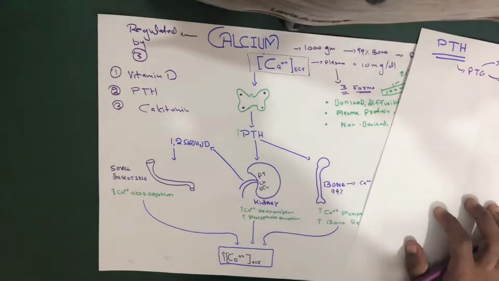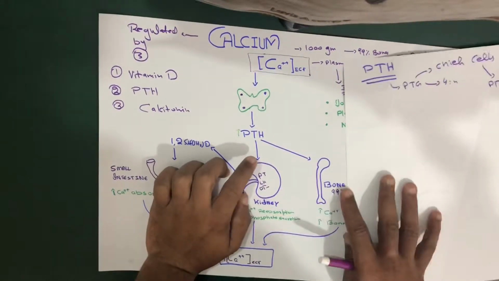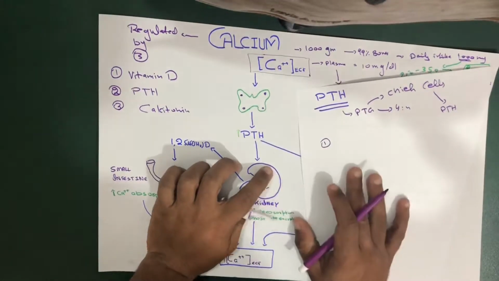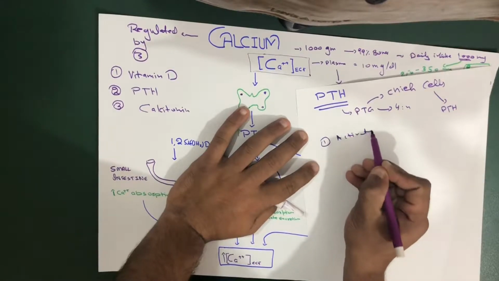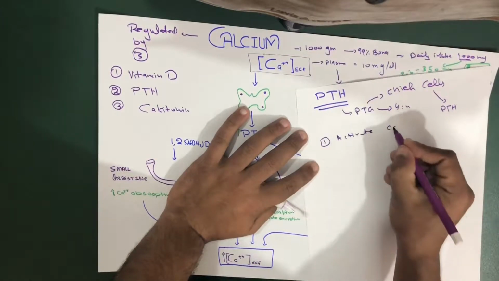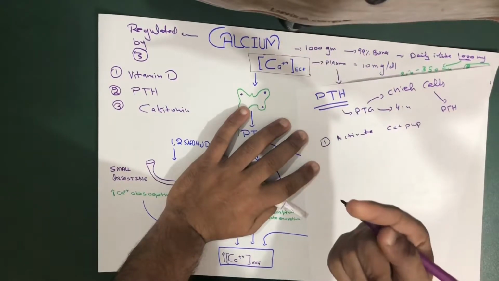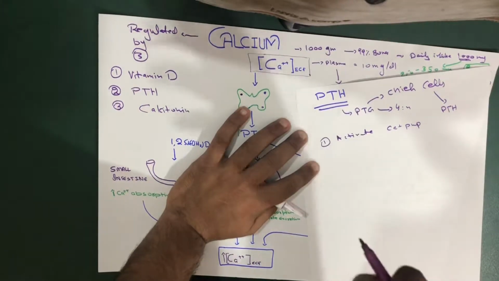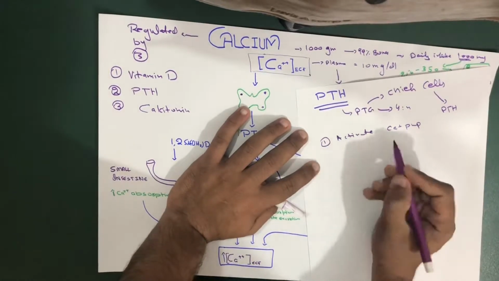Another way to look at it: when the parathyroid hormone acts on the bone, it acts in two ways. The first way is that it activates the calcium pump in the osteocytic membrane, which pumps calcium and phosphate, PO4, from the bone fluid into the blood early, and this is a rapid action.